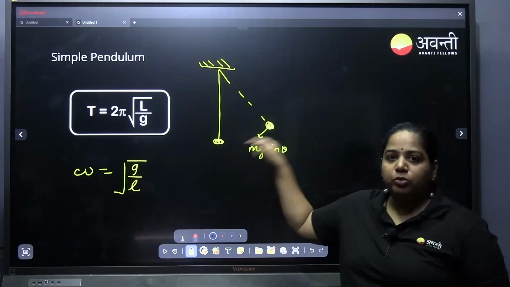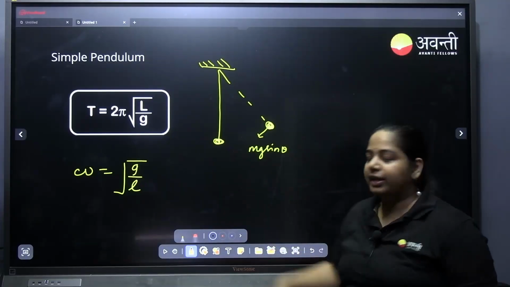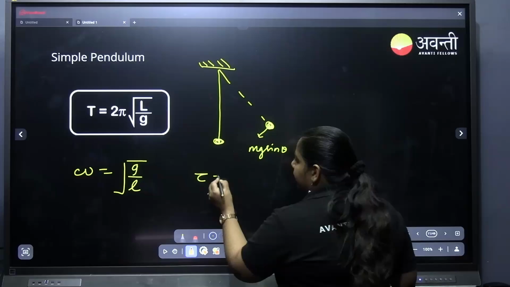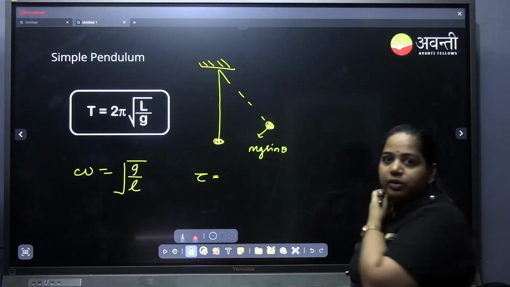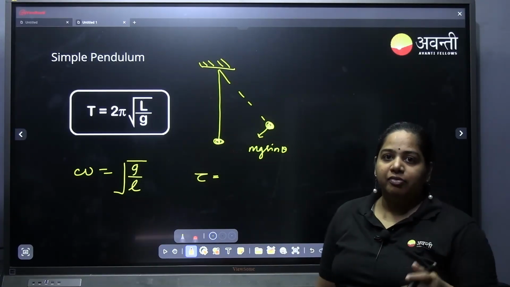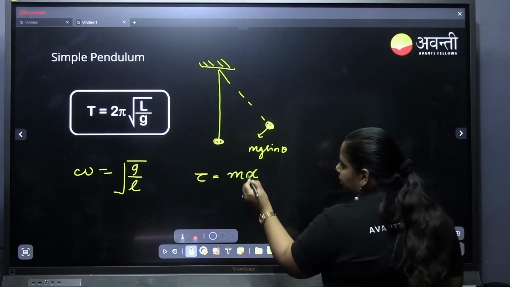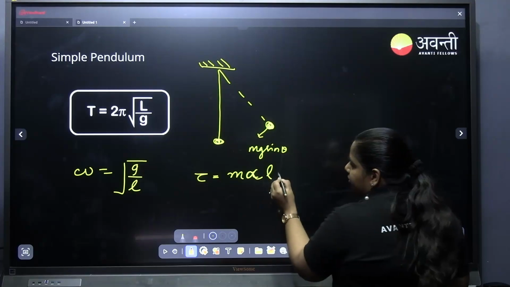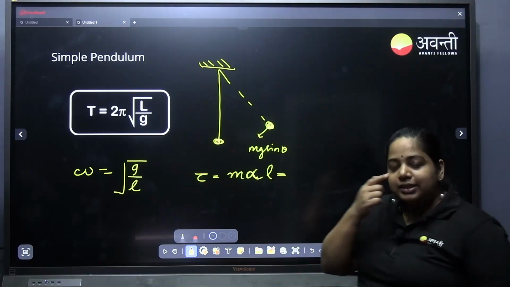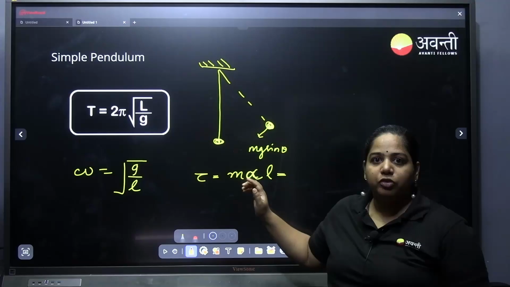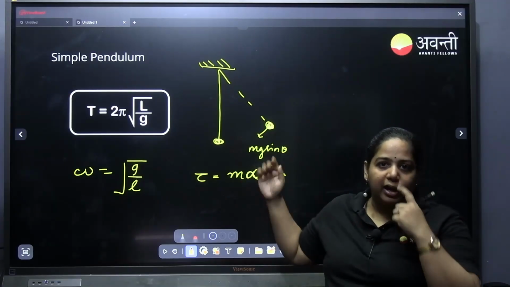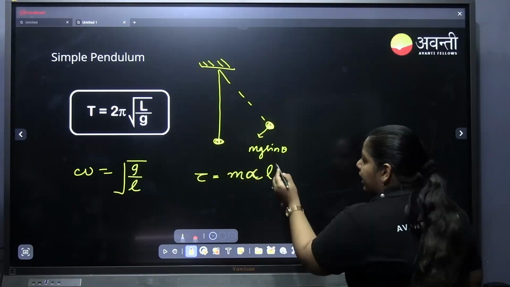It is angular motion, right? So we don't take force, we take torque. Torque is equal to I into alpha, so m l square alpha will come.